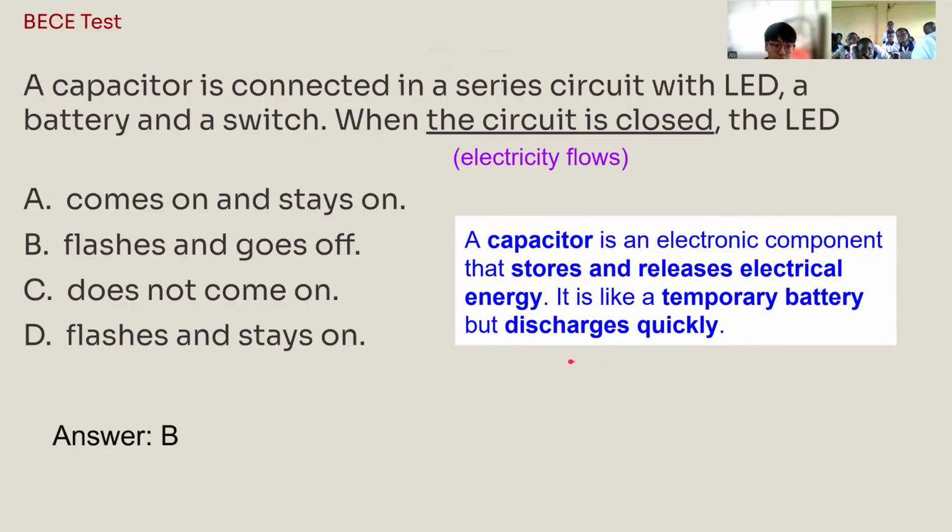So when a capacitor is connected, the LED flashes really, really quick. It flashes and goes off. That's because a capacitor stores a certain amount of energy, but releases that really, really quickly. That's why the LED flashes and then goes off when a capacitor is connected.